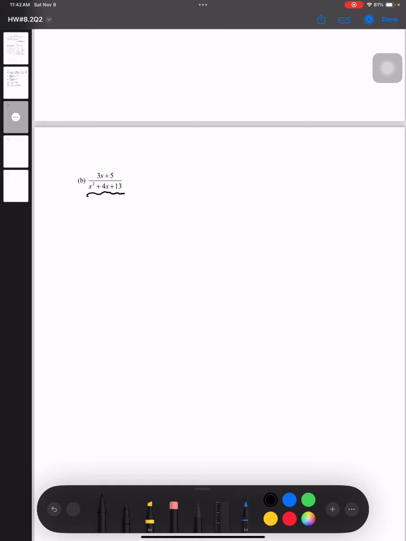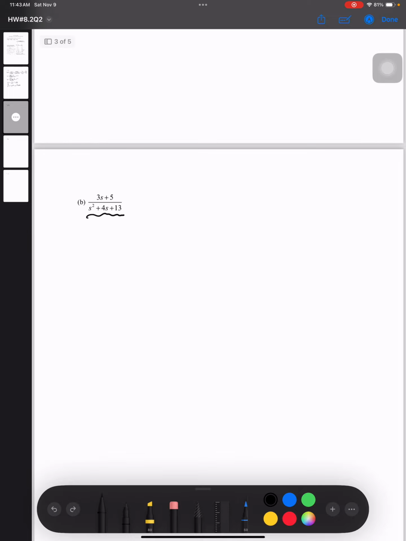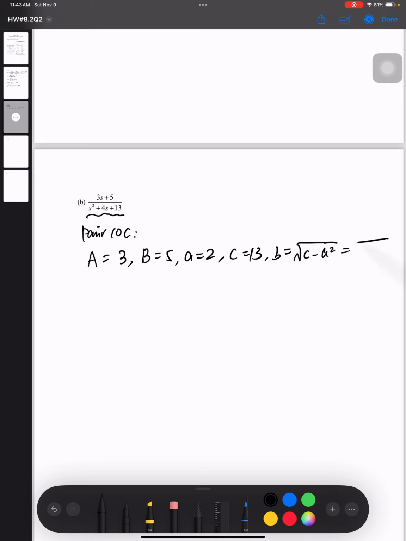If we use pair 10C, we can see A equals to 3, B equals to 5, and a equals to 2, and c equals to 13. And so b equals to the square root of c minus a squared, which means this is 13 minus 4, so b equals to 3.